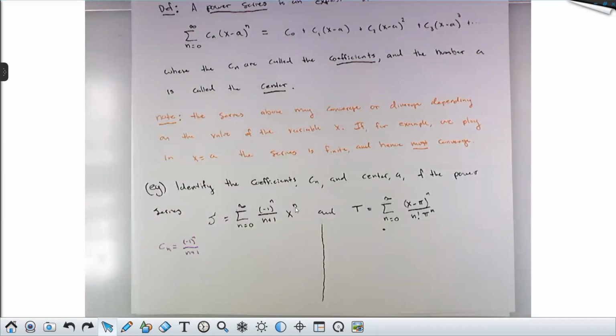And then if we try to match up the x to the n piece with x minus a to the n, what is the center of this series, whose power terms are just x to the n? What value of a are we talking about here?